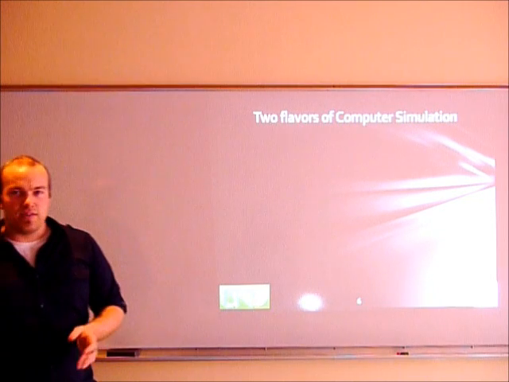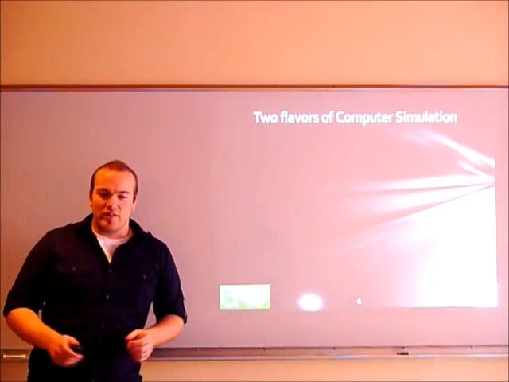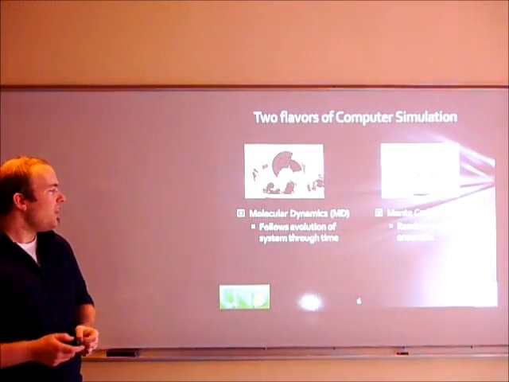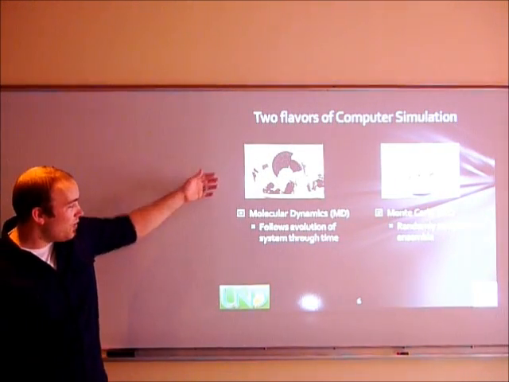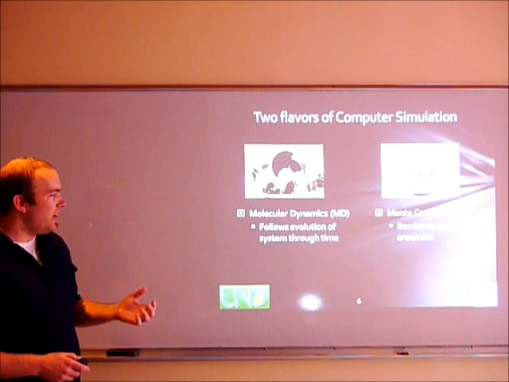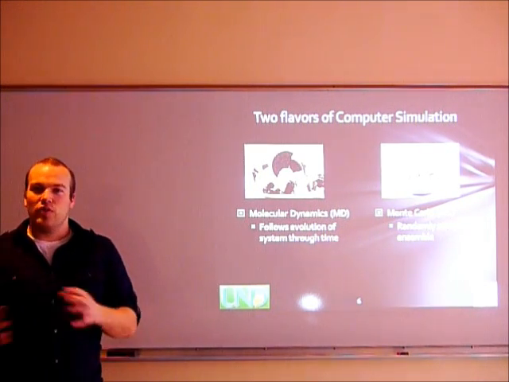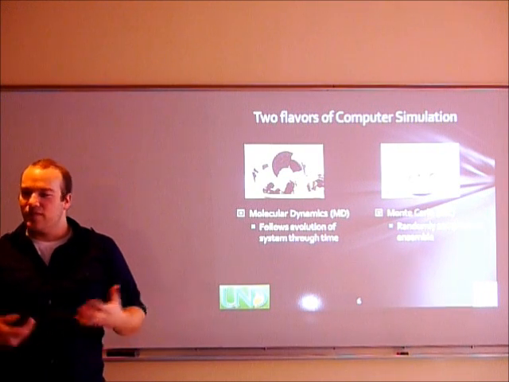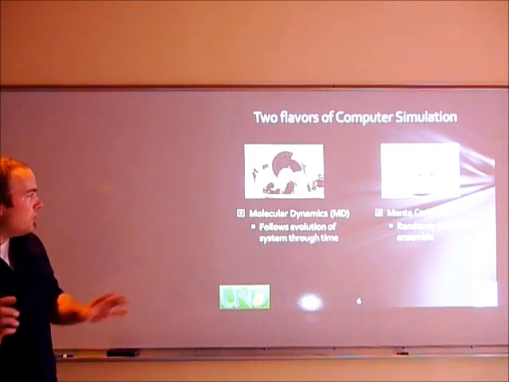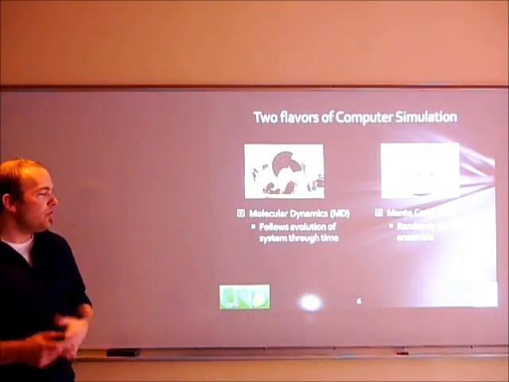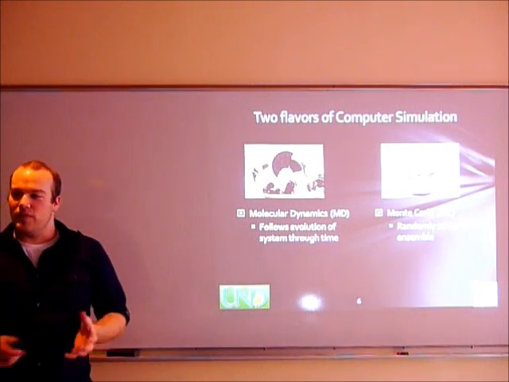Before I get into a little more details of that, first I want to talk about these two flavors of computer simulation that we're involved with. Over here on the left, denoted by Oreo ice cream, the molecular dynamics. What that does is it follows the systems through time, through the various laws of physics and Newton's laws and that sort of thing. Over here on the right, we have Monte Carlo, which more randomly samples the ensemble.